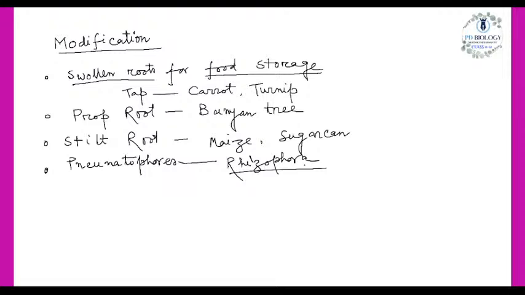So from root we move to the stem part. We already discussed that stem part is originated from the plumule of the embryo of a germinating seed. The plumule bears branches of leaves, flowers, fruits, buds, nodes and internodes.